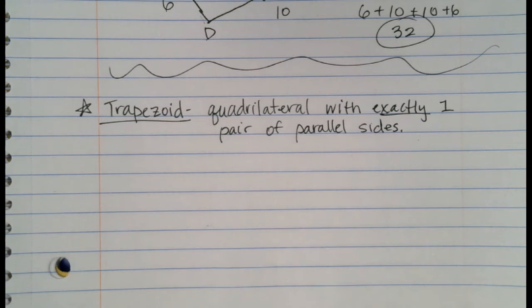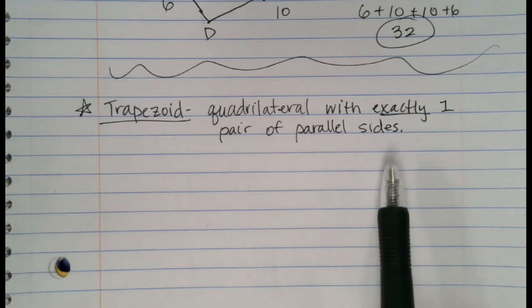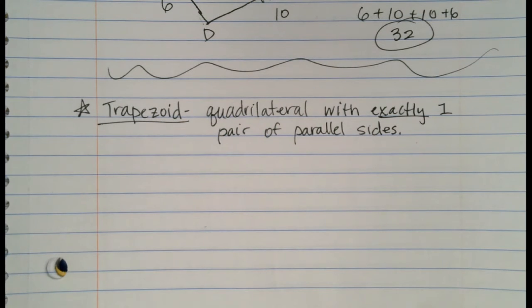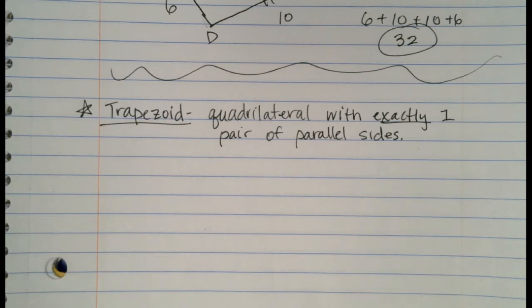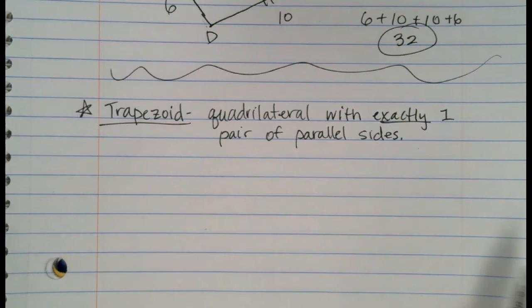Exactly one pair of parallel sides. Okay, so if the definition says it has exactly one pair of parallel sides, can it have 2 pairs of parallel sides? No. One and one alone. So let me show you how to draw a trapezoid.